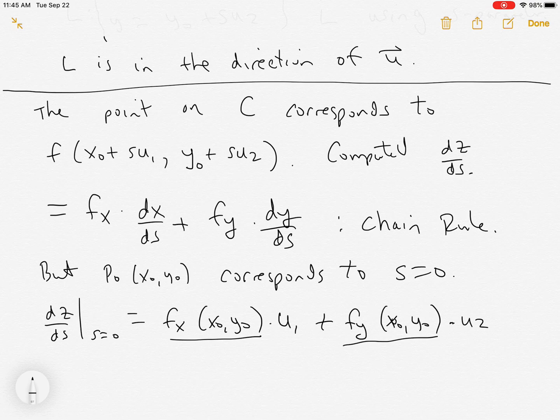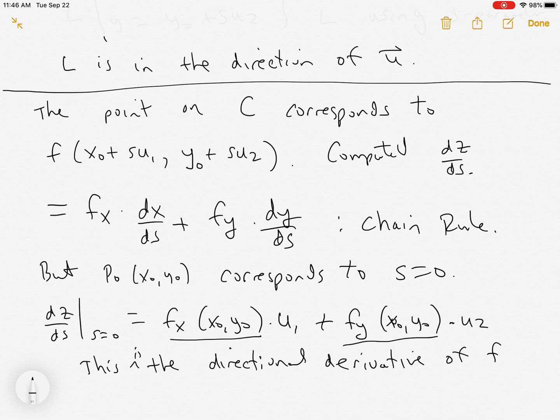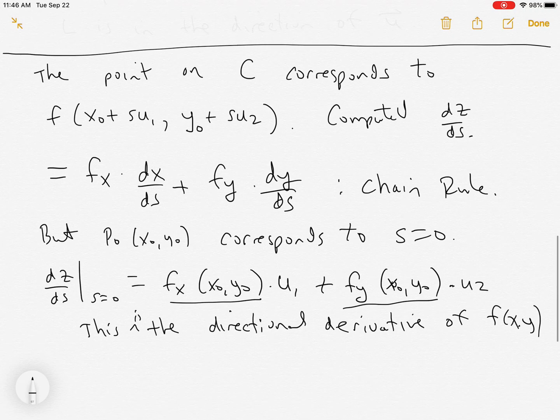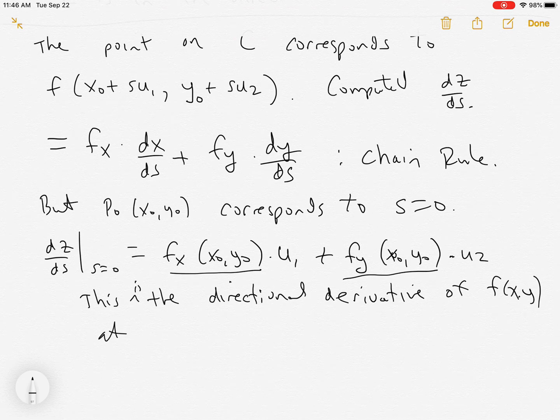And this is the directional derivative of f of xy at P naught in the direction of U, which is our unit vector.